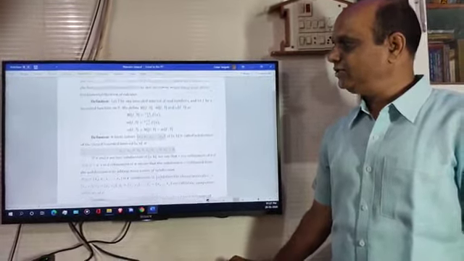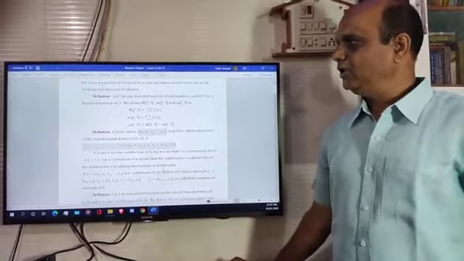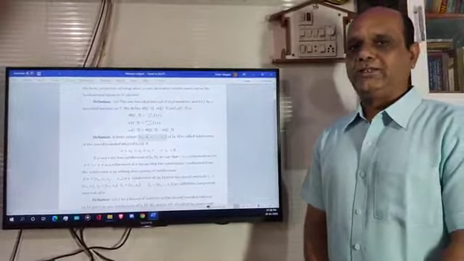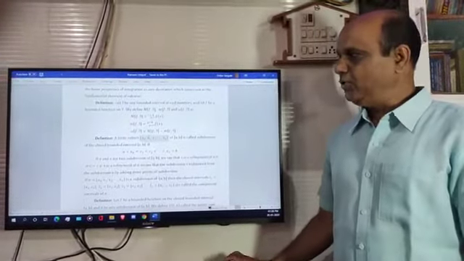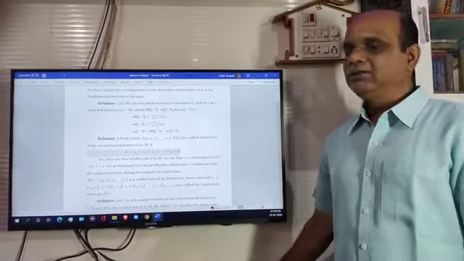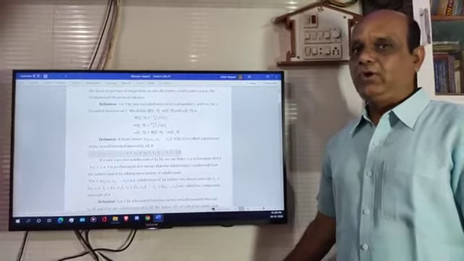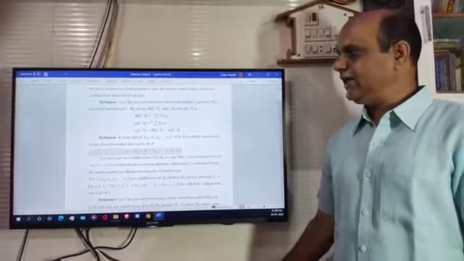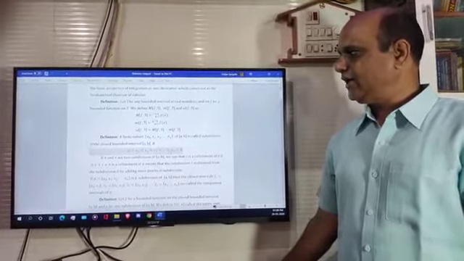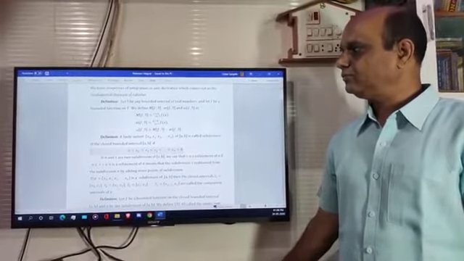The second definition is here of subdivision. The finite subset x0, x1, x2, ..., xn is said to be a subdivision of the bounded interval [a, b] if it satisfies this condition, that is a equal to x0 is strictly less than x1 is strictly less than x2, and so on, is strictly less than xn is equal to b.